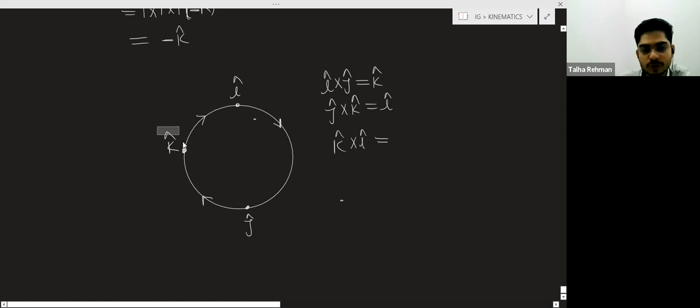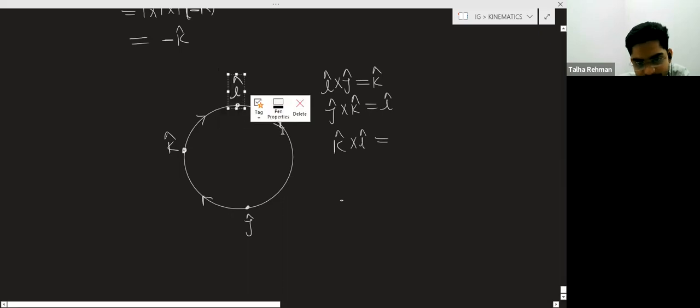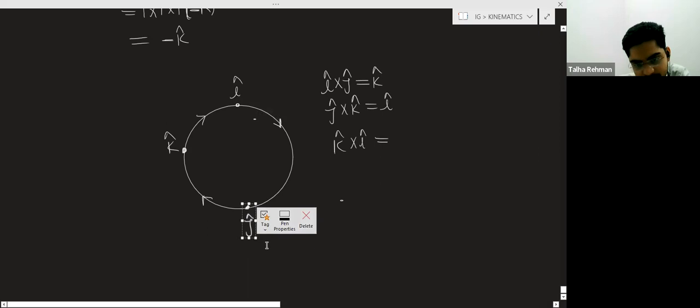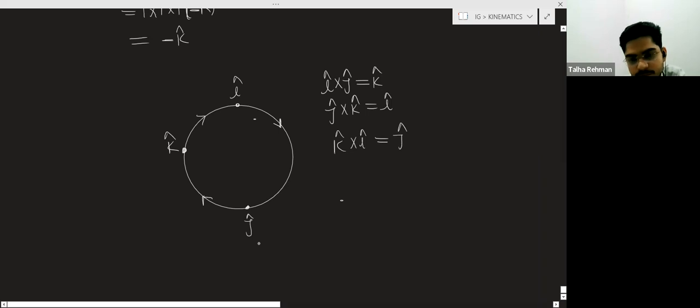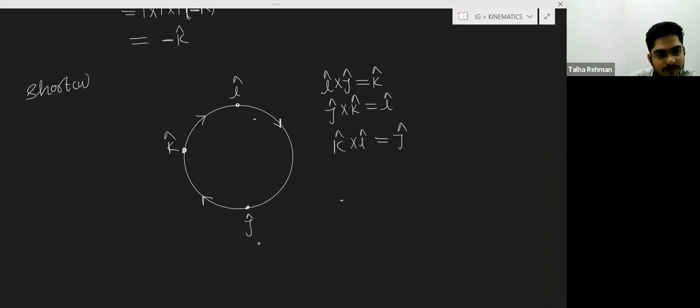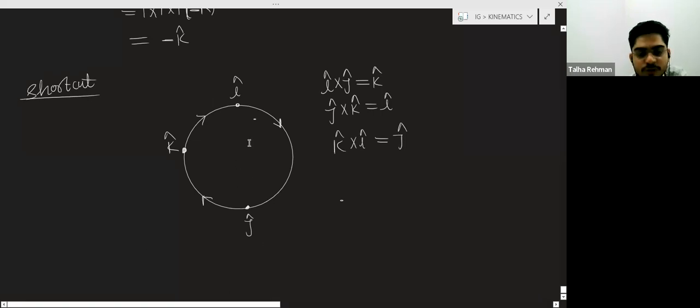First you will go to k, then you will move to i, and the next vector will be the answer. That is j cap. This is the shortcut I am telling.